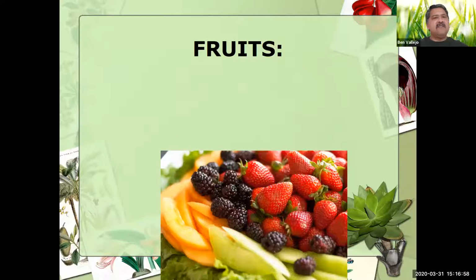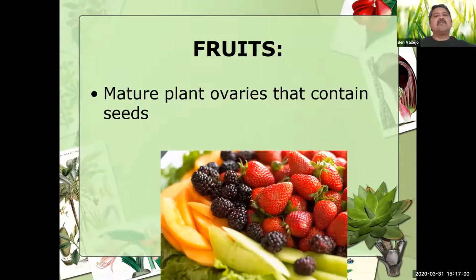Very interesting. Fruits. Fruits are actually defined as mature plant ovaries that contain seeds. So a fruit is a specialized package for the seeds. The fruits are desirable, fruits are pretty, fruits are ingenious, and they're all packages to deliver seeds.